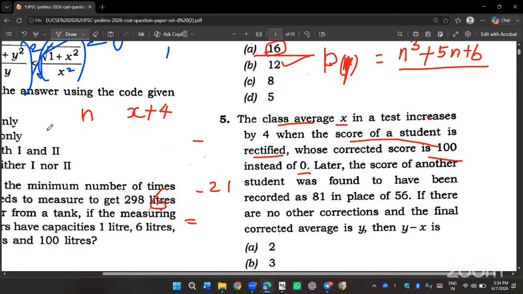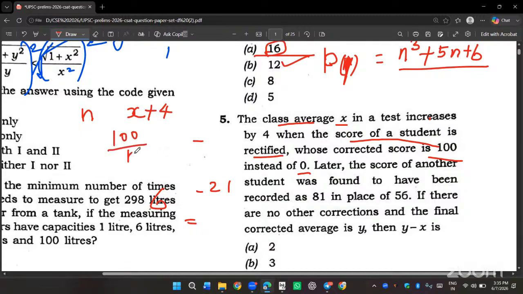How can we find average? The total marks divided by total number of students. When we do that, we will get average. So here it is done. Student's score, right? The corrected score is nothing but 100.